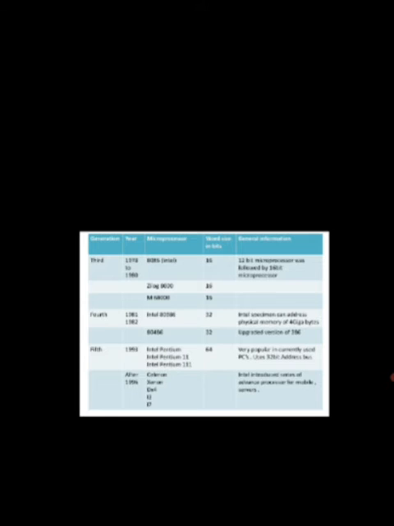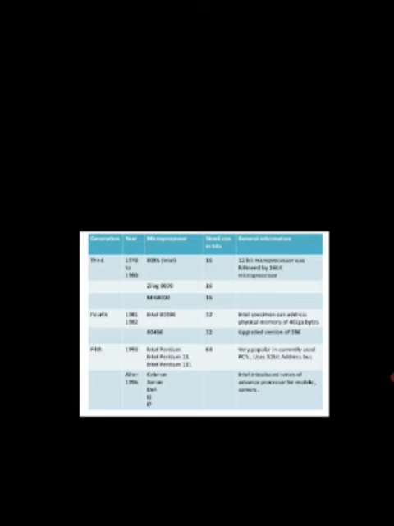It was a 32-bit microprocessor, the upgraded version of the 386, which can address a physical memory of 4 gigabytes, that is 4 into 2^30 bytes. Another 32-bit microprocessor announced in 1982 was the HP 32.